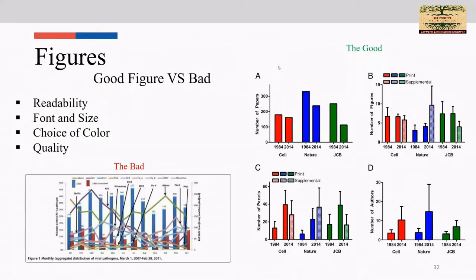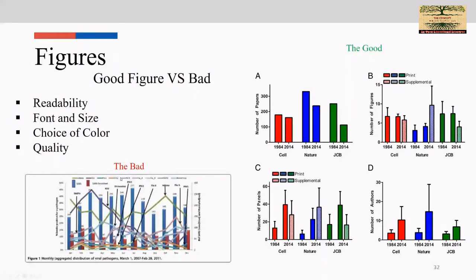For example, here you can see a bad figure and a good figure. I have not referenced these, but they are collected from some articles. I forgot to cite them. A good figure must have readability. You have to take good care of font and size. Can you see that? I cannot really read those fonts.